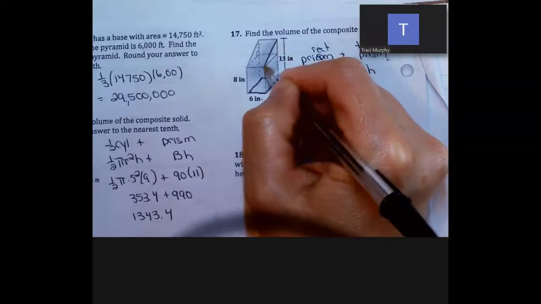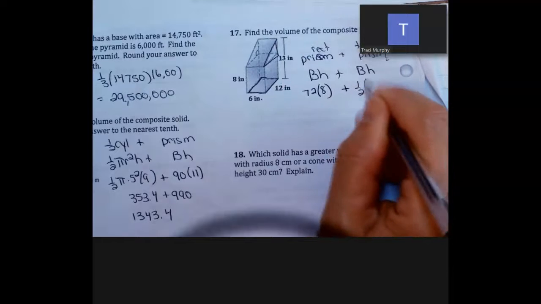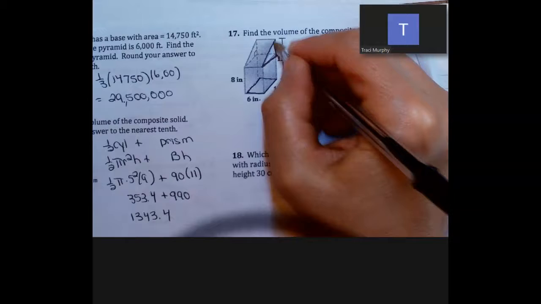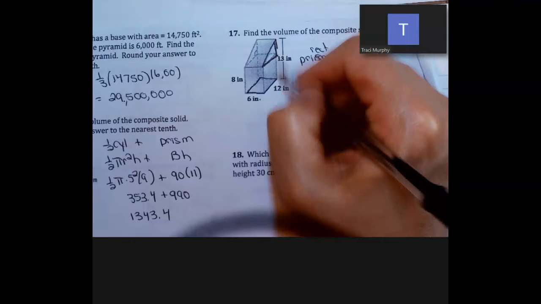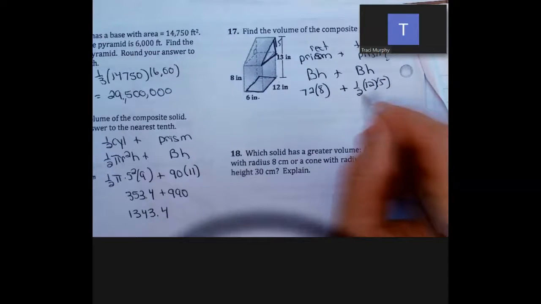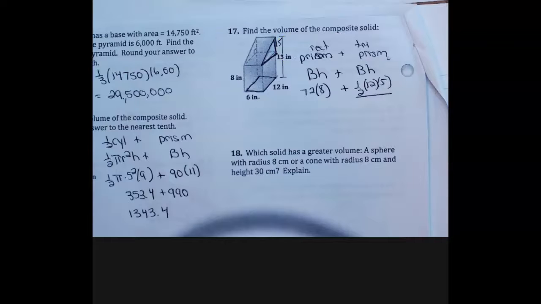Okay, the next one, this is the tricky one, is my base is that triangle, so I need to find the area of that. That would be 1/2 times the 12 times the height of this guy right here. So here to here is 8. The whole thing is 13, which means that little piece is 5. So that guy right there is just the area of the base. And now I have to go find the height of that prism.